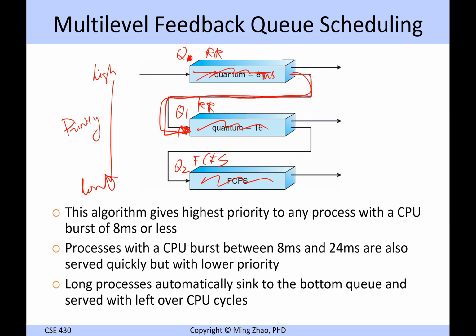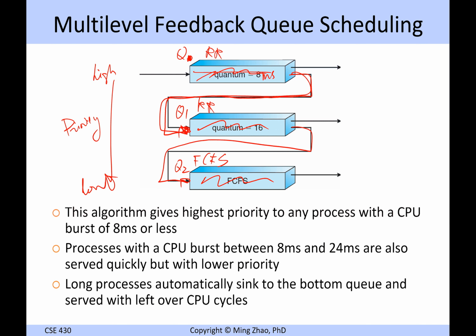Now it does not require interactivity at all, and it becomes a batch process, a background process. Its CPU burst becomes much longer than the 16 millisecond time quantum, and that process will be moved to Q2.